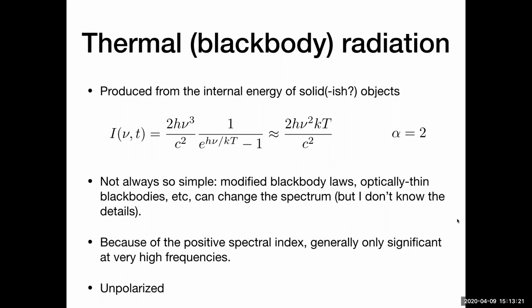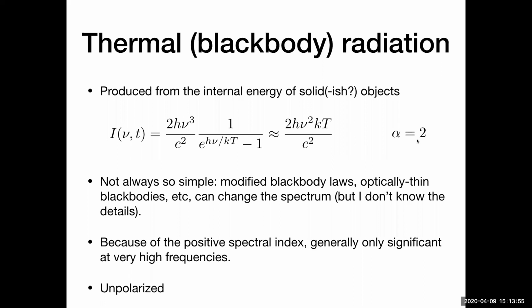It follows the Planck black body law, which is a rather messy function, although in the radio regime we are effectively always in the Rayleigh-Jeans limit or approximation, where you can basically just write it as this frequency squared function. And so immediately from that, we get that the spectral index of black body radiation in the radio regime is 2 in the ideal case.